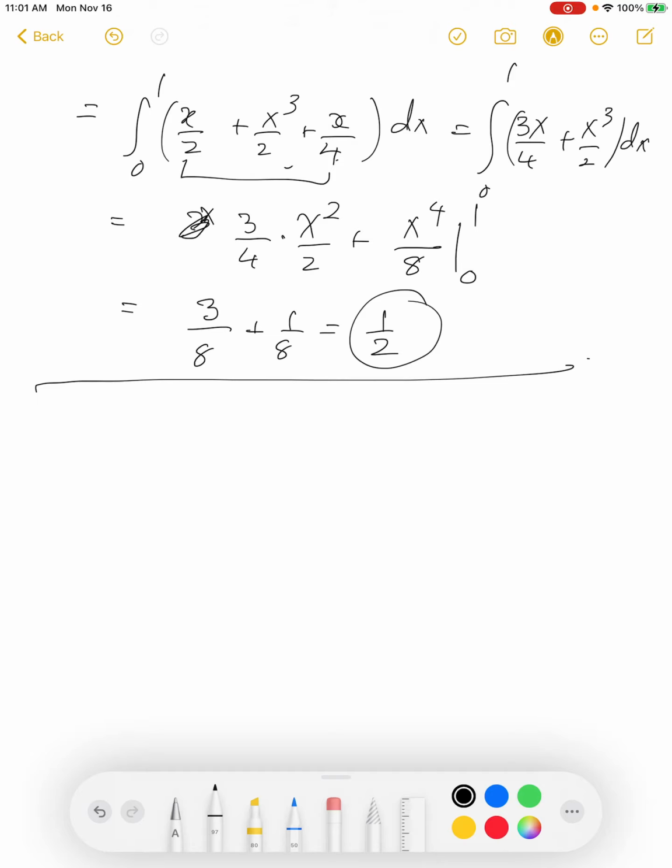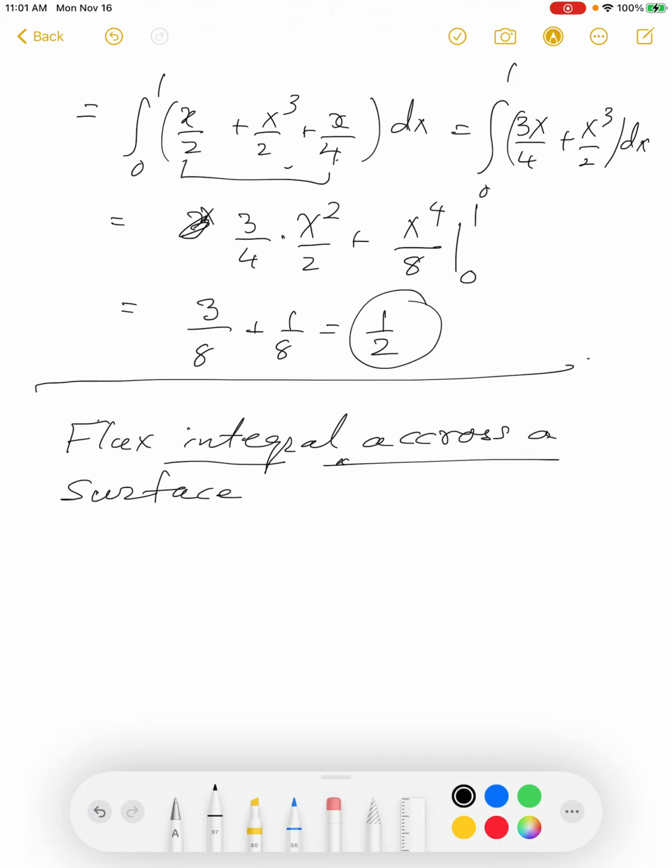And now let me introduce the flux integral across a surface. Flux integral of a vector field. So now let us take sigma to be again the set of points x, y, z.